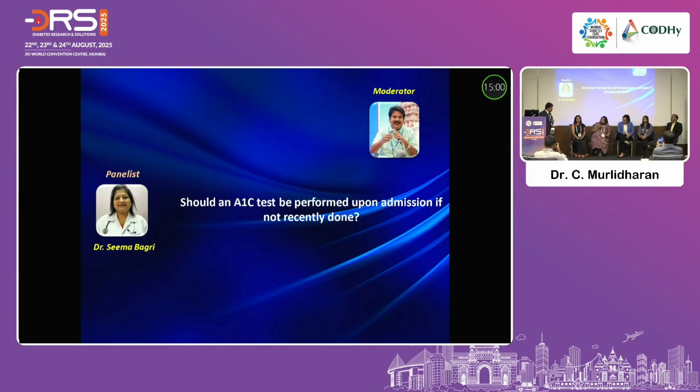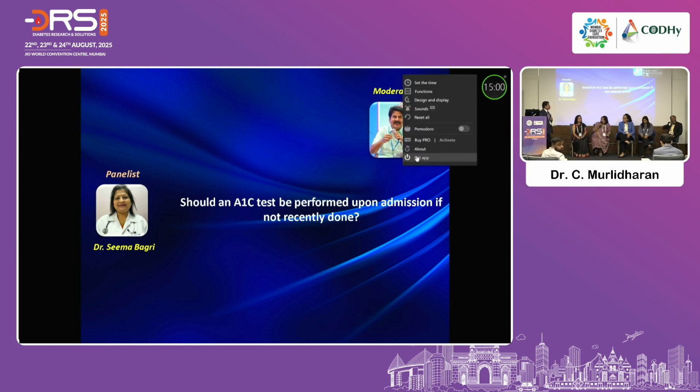So HbA1c testing is recommended by many organizations like ADA, Endocrine Society, EASD, although it is not compulsory. So I will divide my answer as whom should we do it for and why should we do it. So HbA1c should be done in all patients who are diabetic and who have not had it done in the last 3 months.